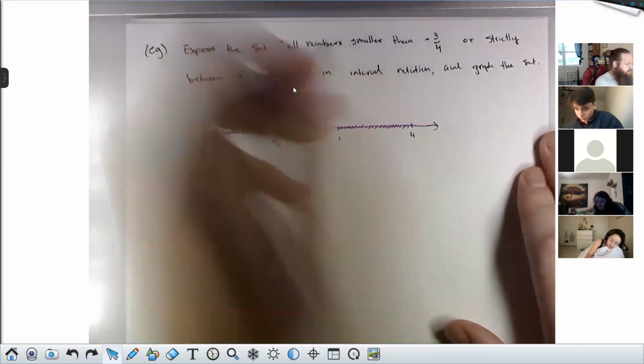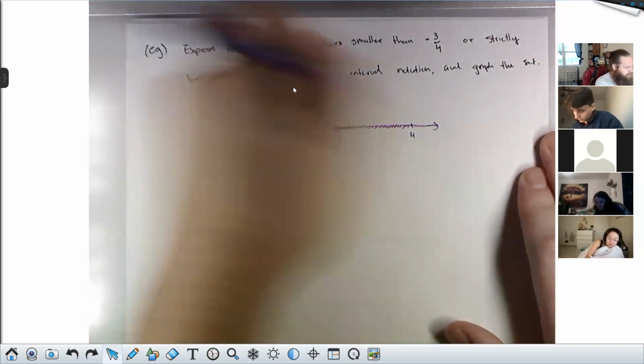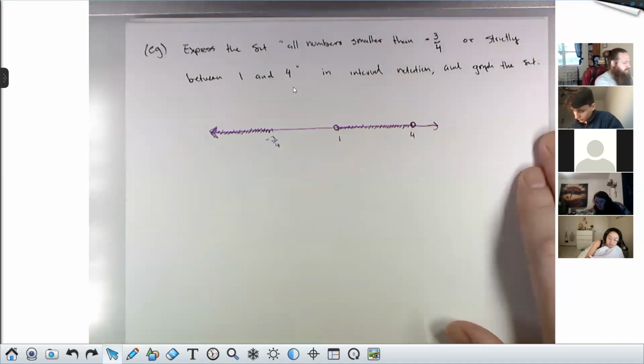Now, since we said strictly between 1 and 4, that means I'm not including 1 and I'm not including 4. And since we said smaller than -3/4, -3/4 is not smaller than itself. -3/4 is not included in that set either. So this would be the graph of that set.